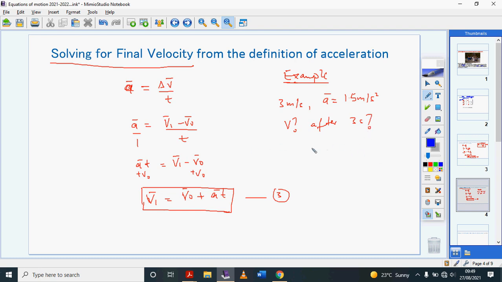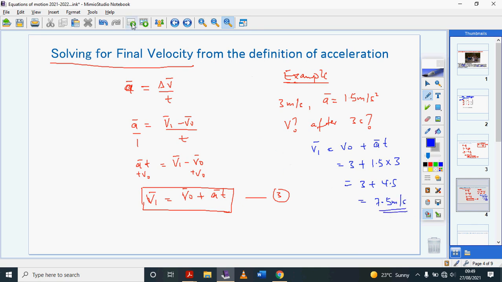Final velocity is equal to initial velocity plus acceleration times time. Initial velocity is 3, acceleration is 1.5, and time is 3 seconds. So that would be 3 plus 4.5. So his final velocity after 3 seconds is 7.5 meters per second.